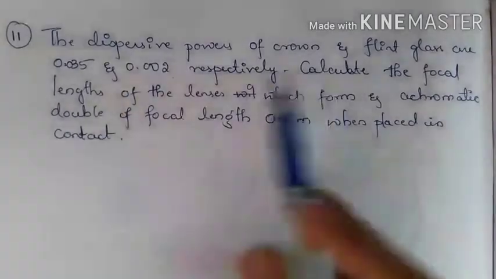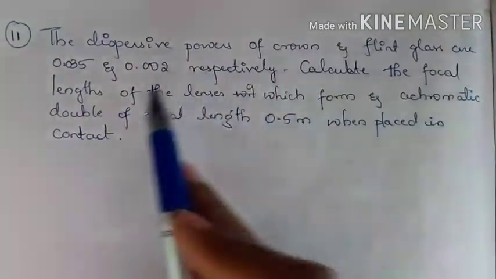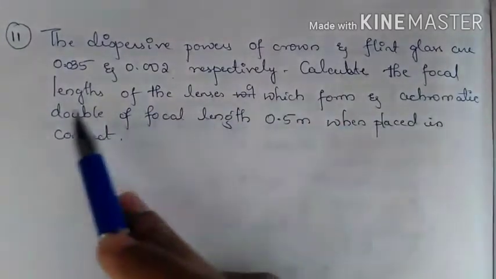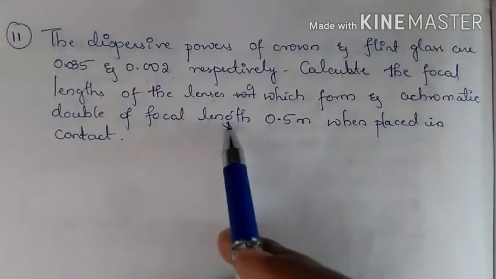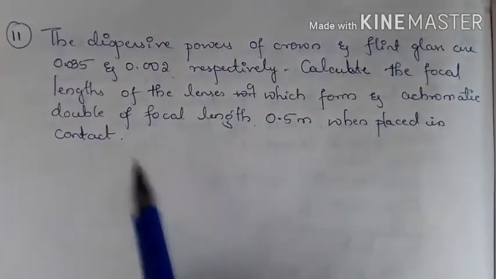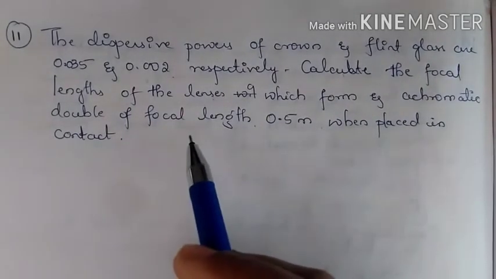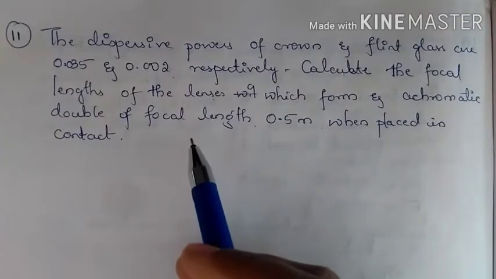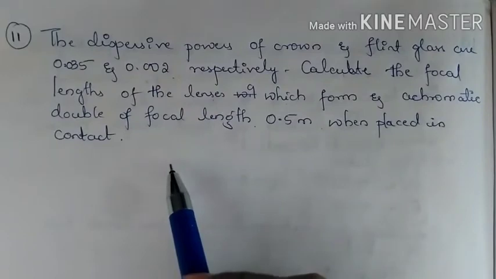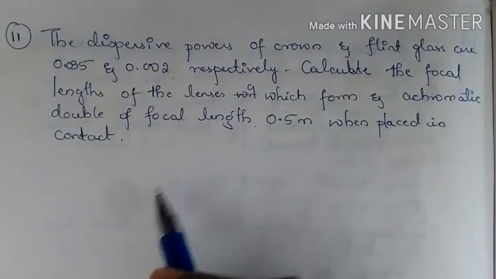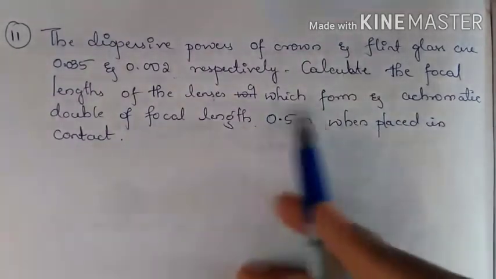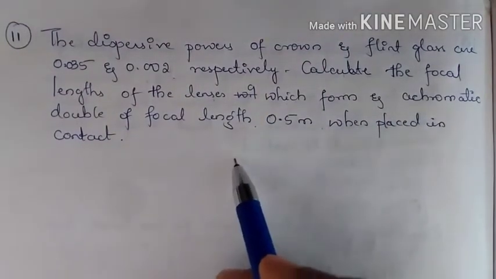Now what he is asking: calculate the focal lengths of the lenses which form an achromatic double of focal length 0.5 meter when placed in contact. So here you are given the dispersive powers of the flint and crown glass, and the focal length is also given, that is 0.5 meters. These two are kept in contact.